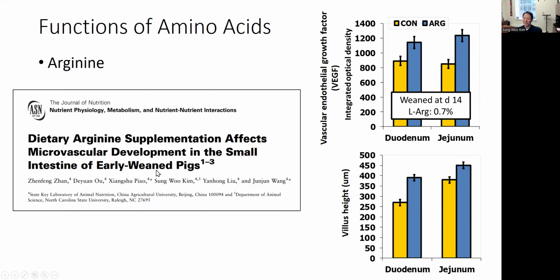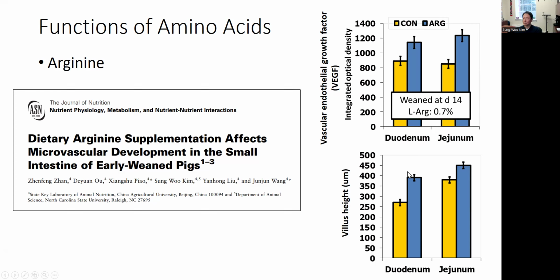They have a limitation of making arginine in the body, but we supplemented their feed by adding 0.7% of L-arginine. So it's an arginine supplemented diet. We fed them, and we sampled their small intestine at 28 days after feeding, and we looked at the structure of villi in the duodenum and jejunum.